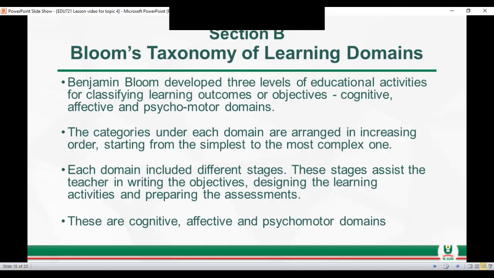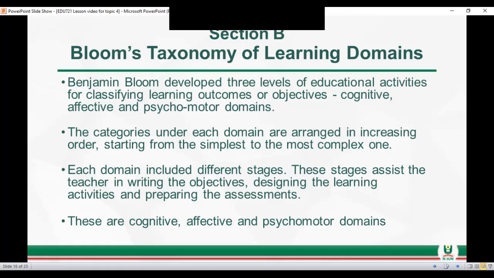Each domain includes different stages. These stages assist the teacher in writing their learning objectives, in designing their learning activities, and preparing the assignment. Those are the areas where Bloom's taxonomy has been most significant in helping us write our objectives, design the learning activities, and prepare our assessment and evaluation.